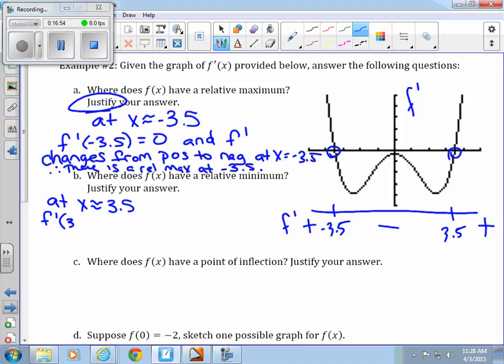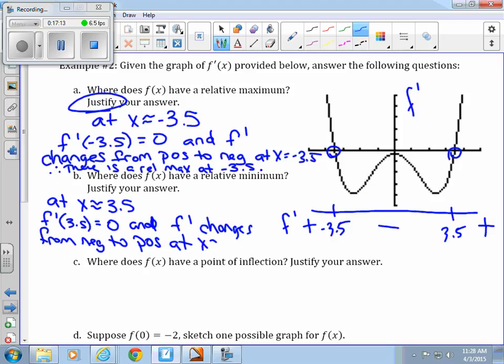F prime of 3.5 equals 0, and F prime changes. You tell me. Good. From negative to positive at 3.5. Therefore, there is a relative min.